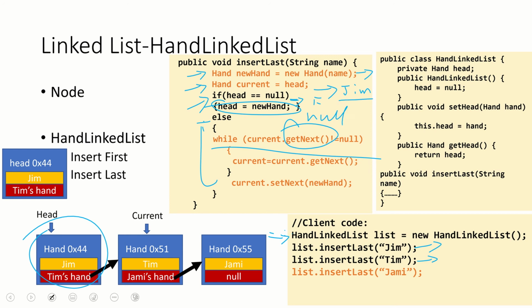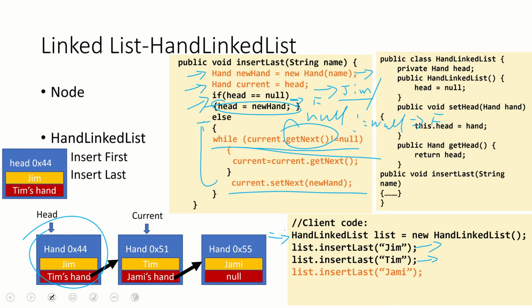Okay, so current is equal to the head. Head is Jim, right? So originally Jim's next is none, right? Because they didn't link together to the next one, right? So right now this means none is not equal to none. This is a return false.